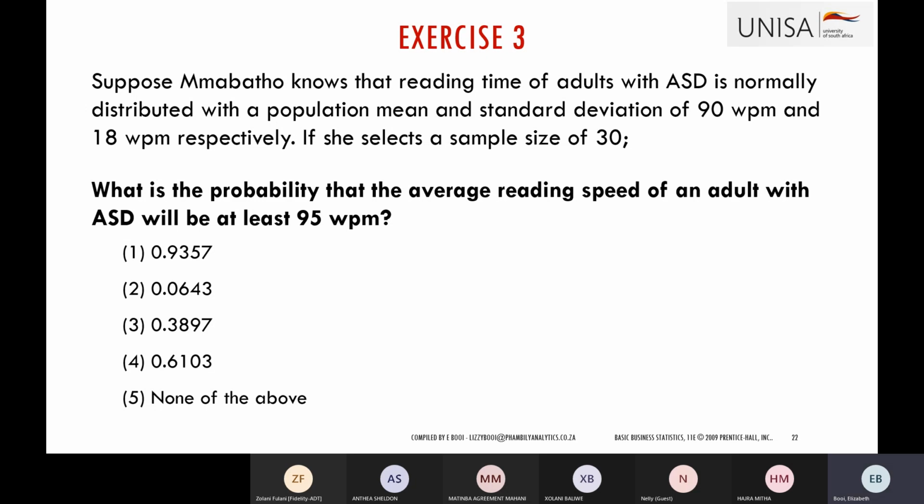On this one, you will take a little bit of time, so calculate. What is the probability that the average reading speed of an adult with ASD will be at least 95?